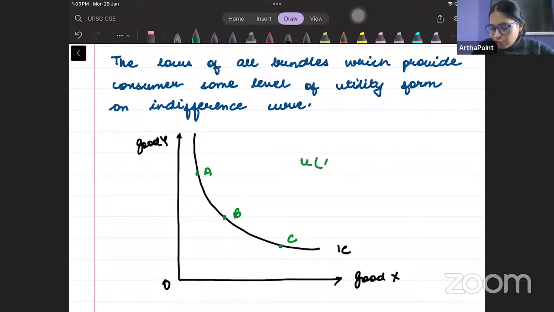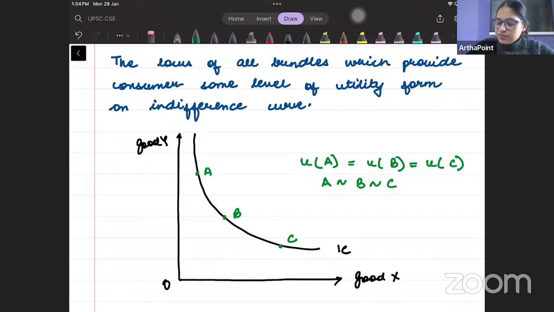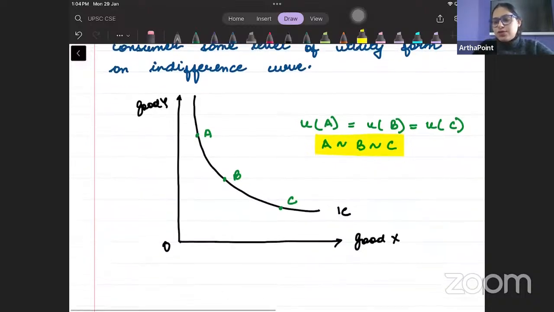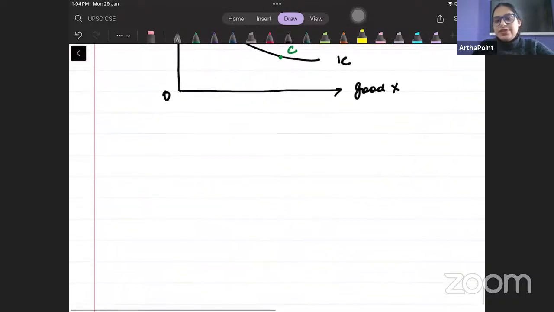So utility from point A is equal to utility from point B is equal to utility from point C. I can also say that the consumer is indifferent between A, B, and C. When a consumer is indifferent between 3 bundles, it means those bundles provide the same level of utility, and they will be on the same indifference curve.